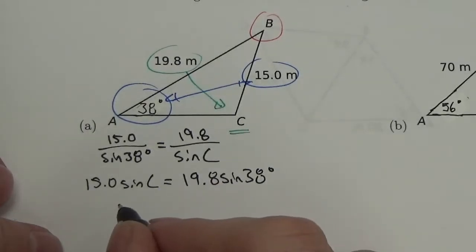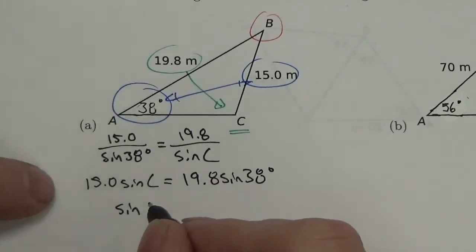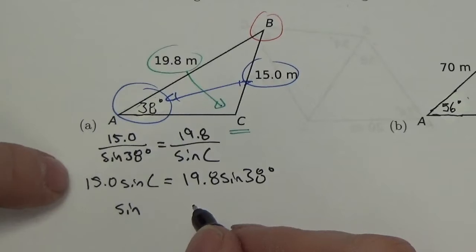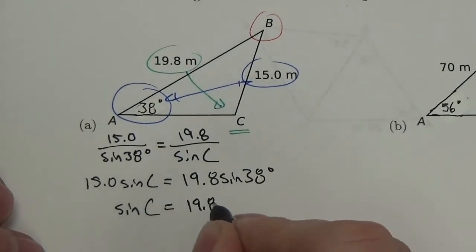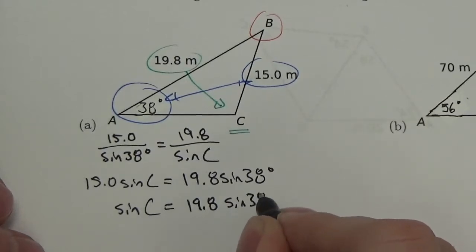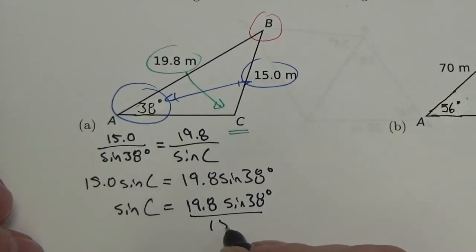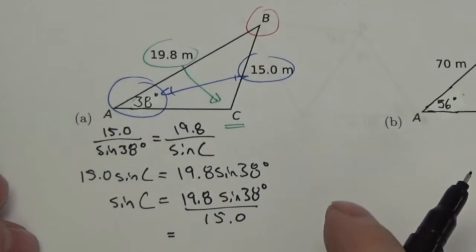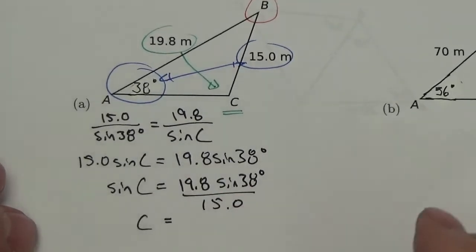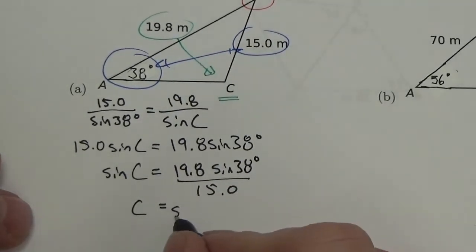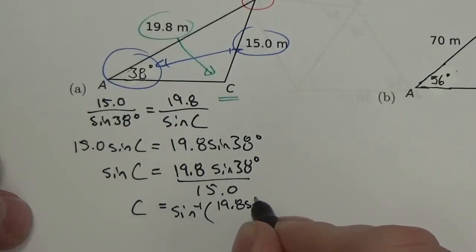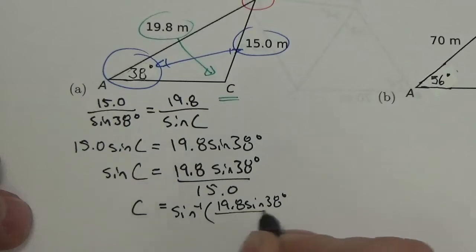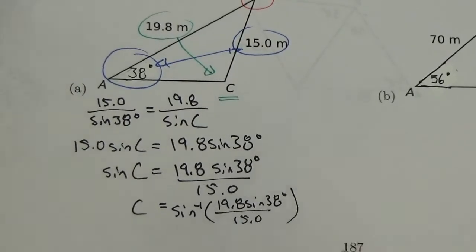Now I'm going to divide by 15, just the 15, to get the sine of C by itself. So that'll be 19.8 sine of 38 degrees over 15.0. And then to get C all by itself, I'm going to have to do the inverse sine of 19.8 times the sine of 38 over 15.0.